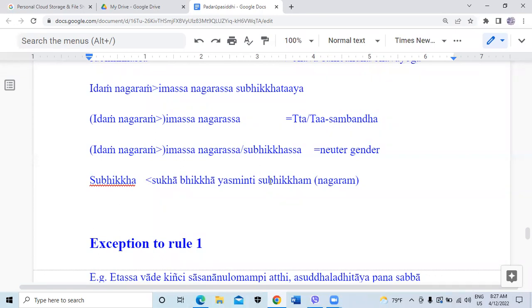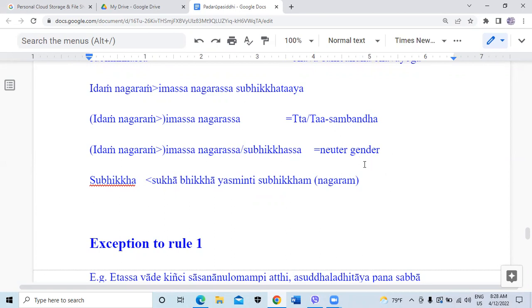Have you seen such sentences? Yes, Sayadaw, there are such sentences. In English also we can see such sentences. In fact, that was one of the questions I was about to ask, but you already addressed it.